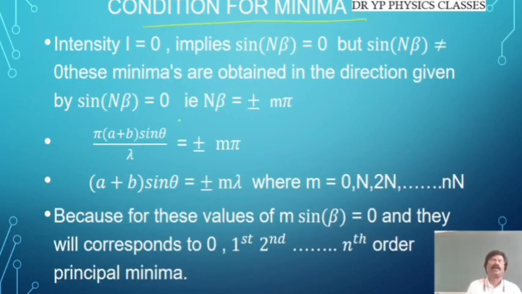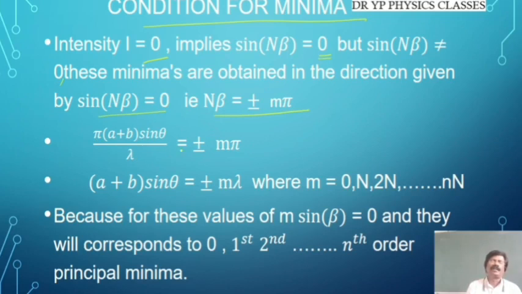Similarly, we have to get the condition for the minima. For intensity I equal to 0, it implies sin of n beta is equal to 0, but sin beta is not equal to 0. These minima are obtained in the direction given by sin n beta equal to 0. That is, n beta is equal to plus or minus m pi.